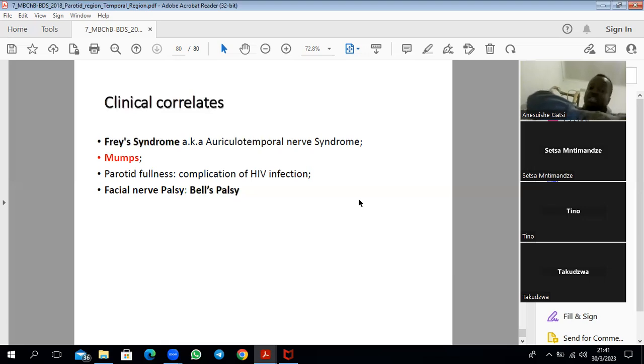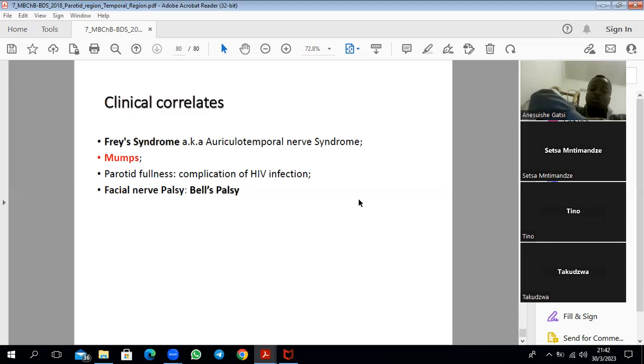And if the lesion is happening in the parotid gland, they can still lacrimate. They can still produce tears. Unlike a lesion that happens before the geniculate ganglion, somewhere higher up, still a lower motor neuron lesion, but they affect lacrimation.